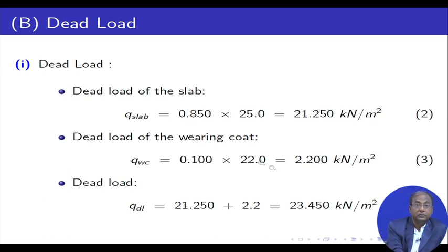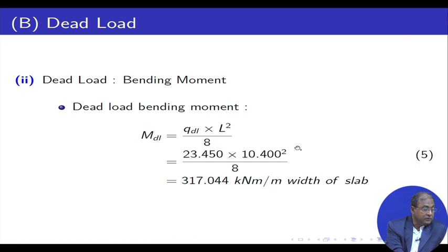That means per square meter you can get this much of load. It looks quite high per meter width of slab, 23.45.